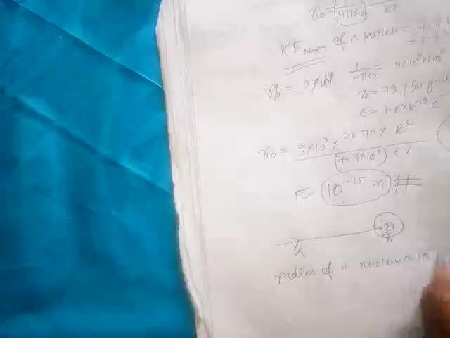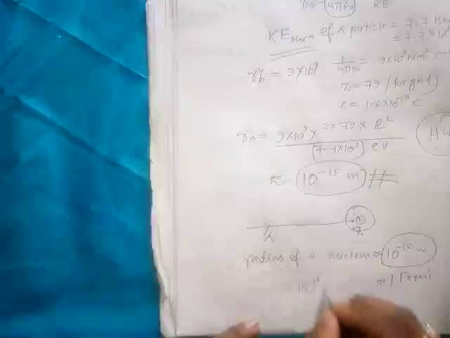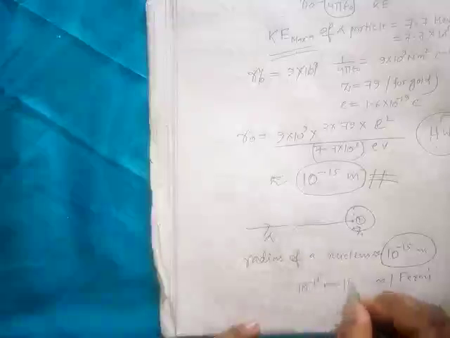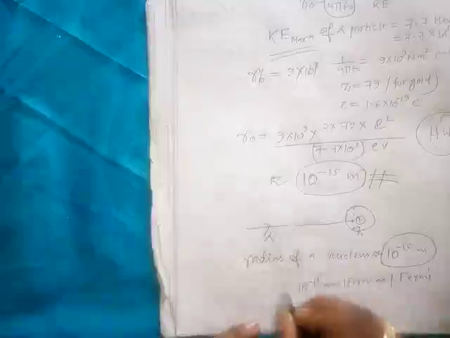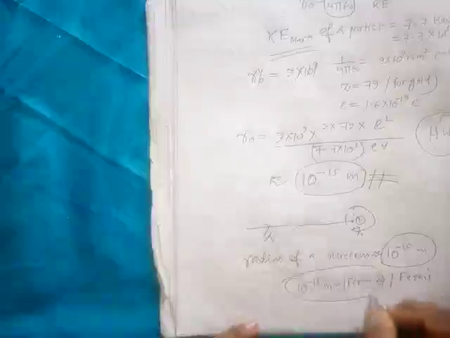And this range has a particular name. It is called 1 Fermi. 10 to the power minus 15 meter is equal to 1 Fermi. Okay, this is a new unit of length, right? 1 Fermi is approximately the size of the nucleus.